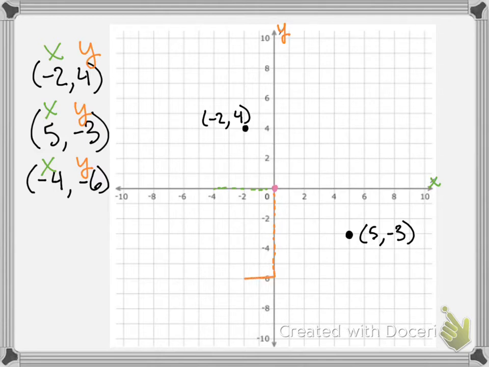Here at -6, go across. And then I need to draw a guideline for my x number, -4. And I can see that these lines cross at this point right here. So once I erase my guidelines, I'm left with a point right here, which is -4, -6. And those are coordinates that included negative numbers.